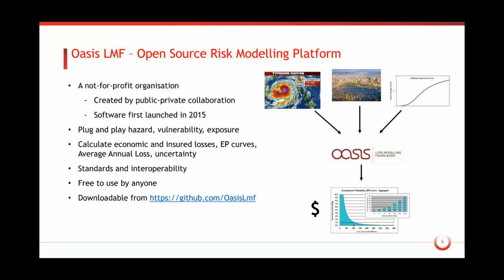So these standardized modules and metrics make it feasible for anybody, without specialist knowledge, to build, implement and run catastrophe models to be able to quantify the economic impact and potential insured losses from natural disasters.